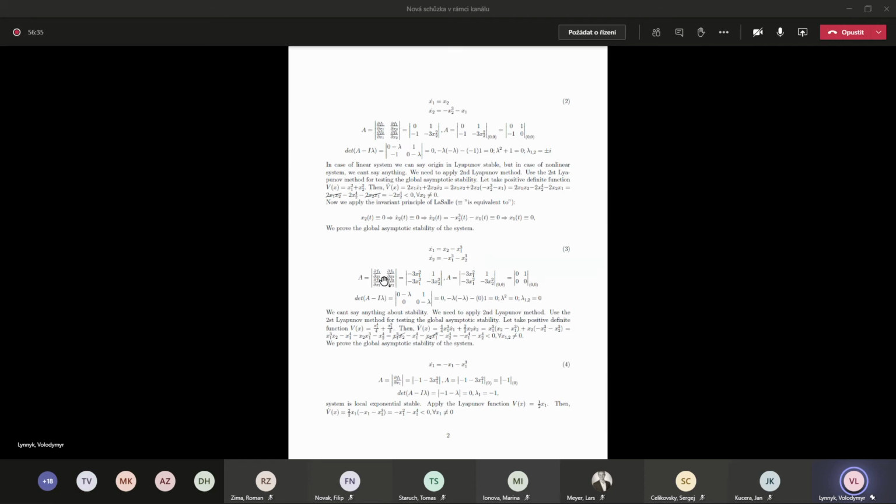And the same, we need to calculate the Jacobian, and we find that the eigenvalues are equal to 0, and we can't say anything about this system with the first Lyapunov method or the indirect Lyapunov method. We need to use the second Lyapunov method, but we will apply this method in the future.